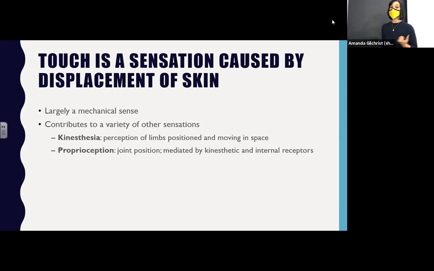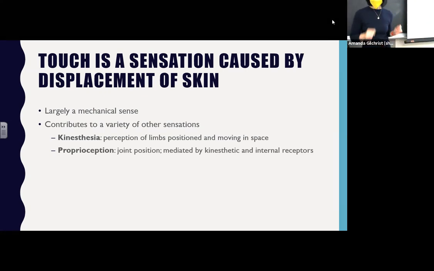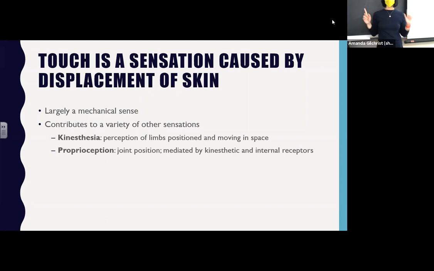And this is going to be mediated both by your kinesthetic sense as well as these internal receptors in your muscles that recognize stretch. So for example, I'm going to try to see if I can do this. You're not going to be able to see, but I'm going to try to do a squat.